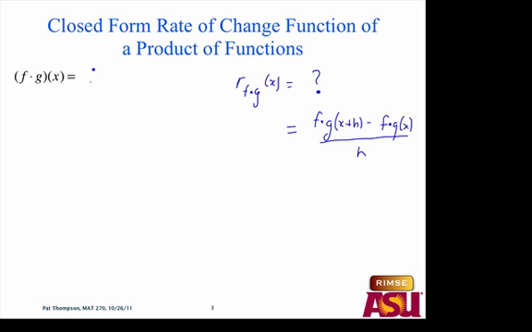Okay, so now let's look at the definition of f times g of x. Well, that's just f of x times g of x. So given that definition, can you write the next step?